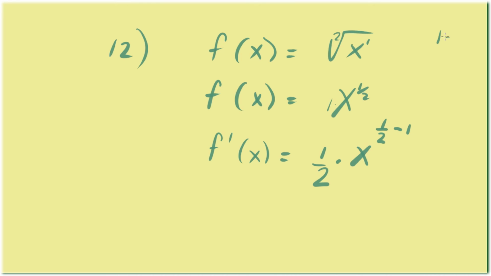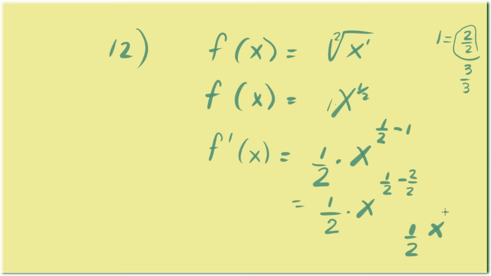But 1 can be in the form of what? 2 over 2, 3 over 3, 4 over 4, 5 over 5. In this case, I'm going to use 1 equals 2 over 2. So 1/2 x to the 1/2 minus 2 over 2, which is 1/2 x raised to what? Negative 1/2. Again, having this negative exponent, let's express that with a positive exponent.